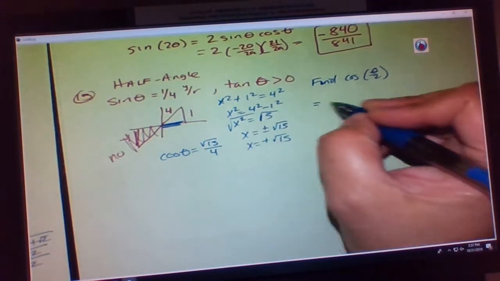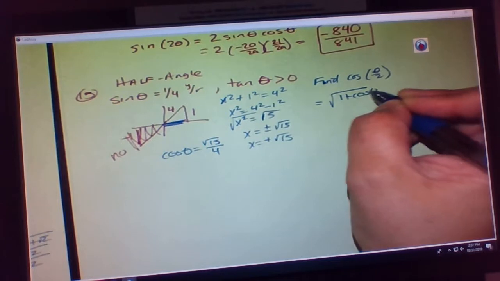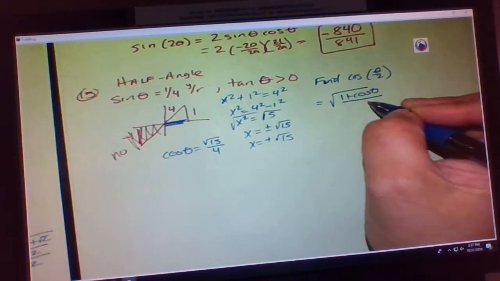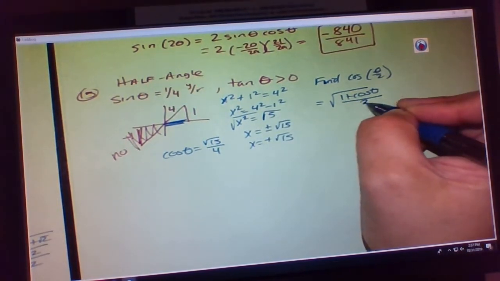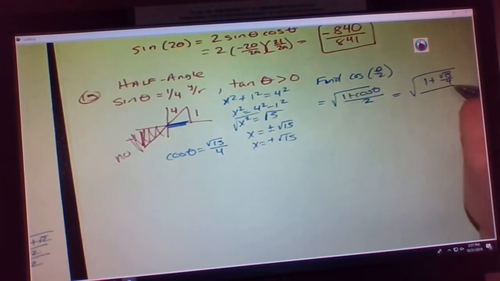Now the cosine of the half angle is the square root of 1 plus cosine over 2. So 1 plus the square root of 15 over 4, all over 2.